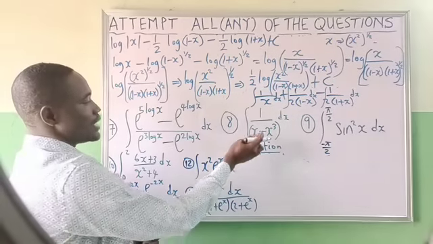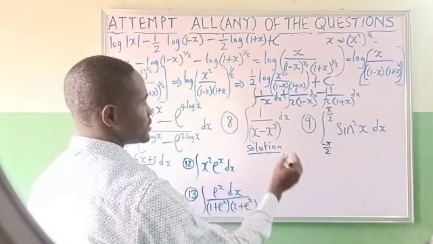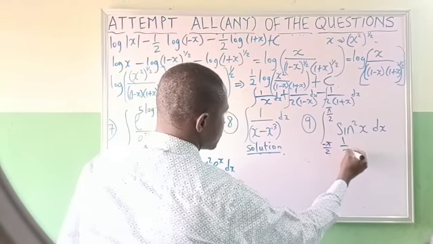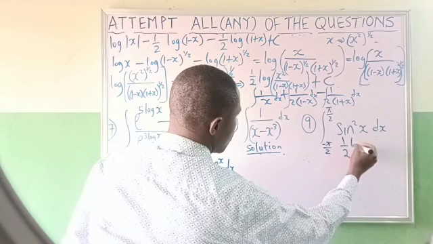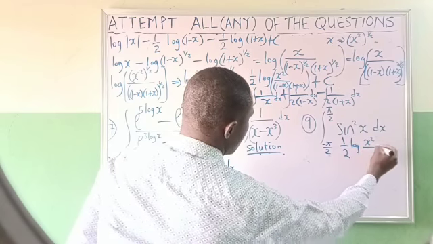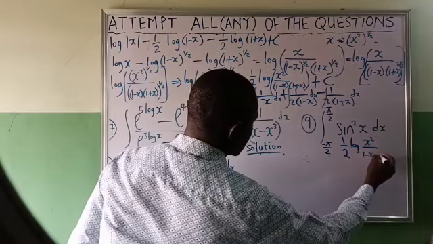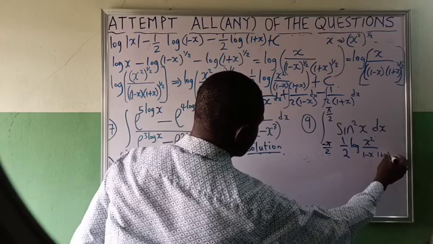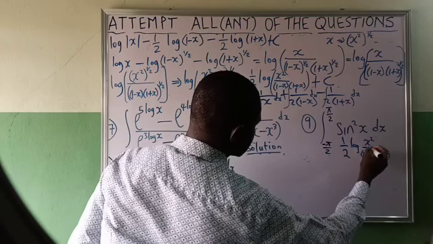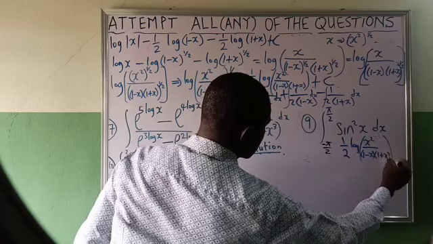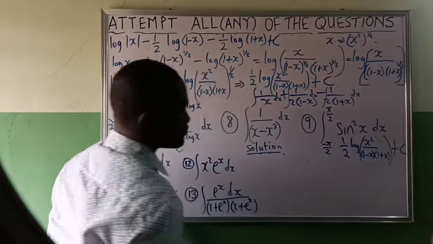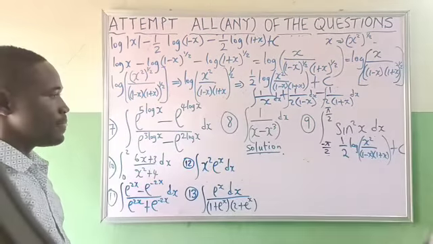That means answer to question number 8 is 1 over 2 log x squared all over 1 minus x, 1 plus x bracket, plus c. That is the answer.